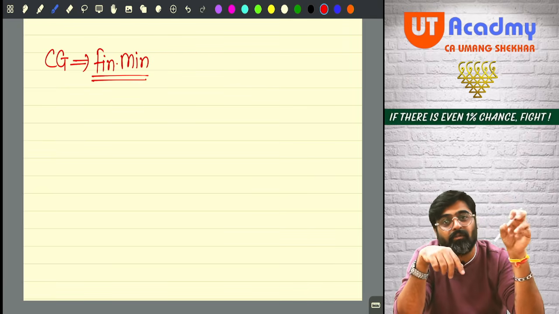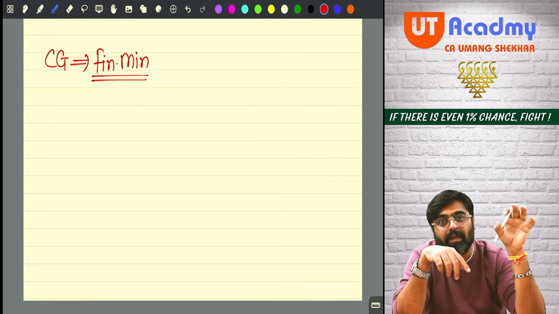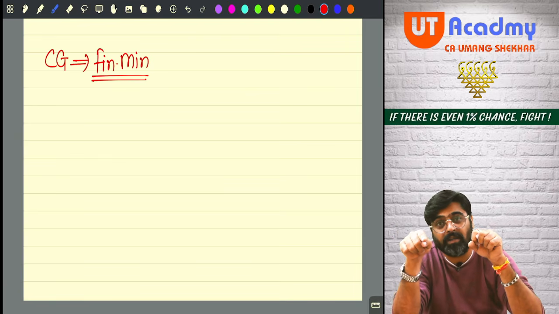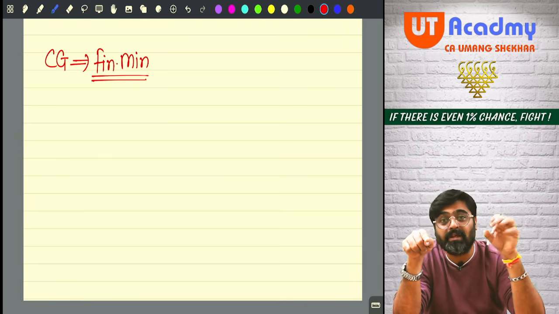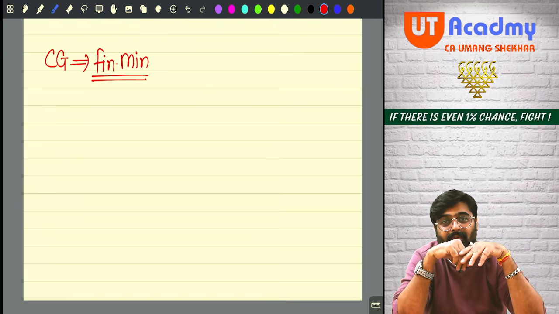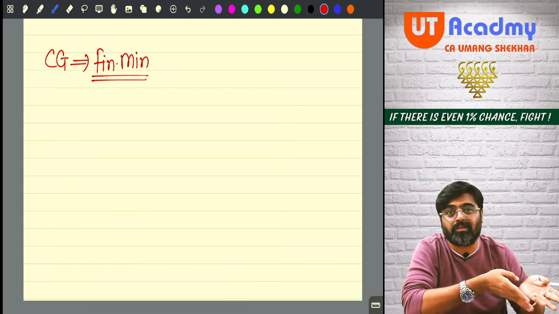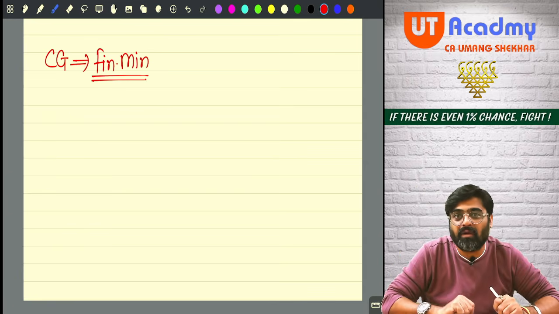Can I say, for the central government, who will earn income? The finance ministry. And the finance ministry will earn the income by way of various taxes. The central government will earn income by collecting taxes through its finance ministry only, no?